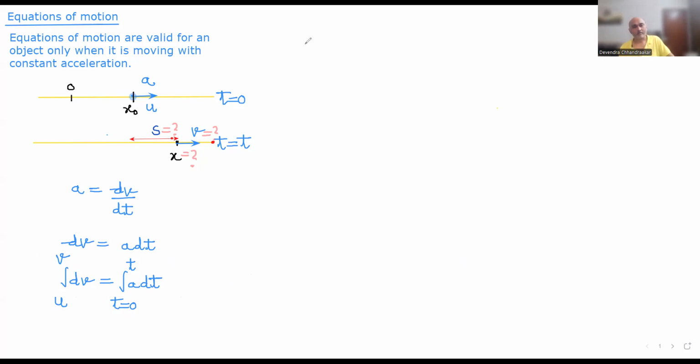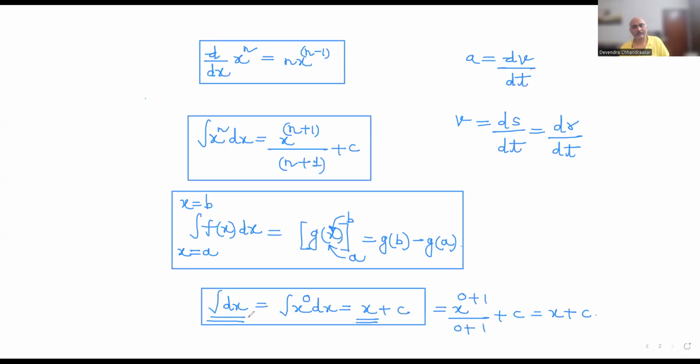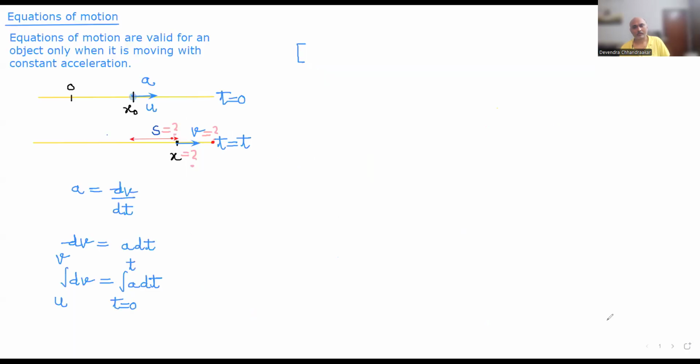Now dv, the integration of dv is what? v. I just taught you that the integration of dx is x, yes or no? So here the integration of dv will be v, from u to v. This is equal to a, integral of dt, which is t.